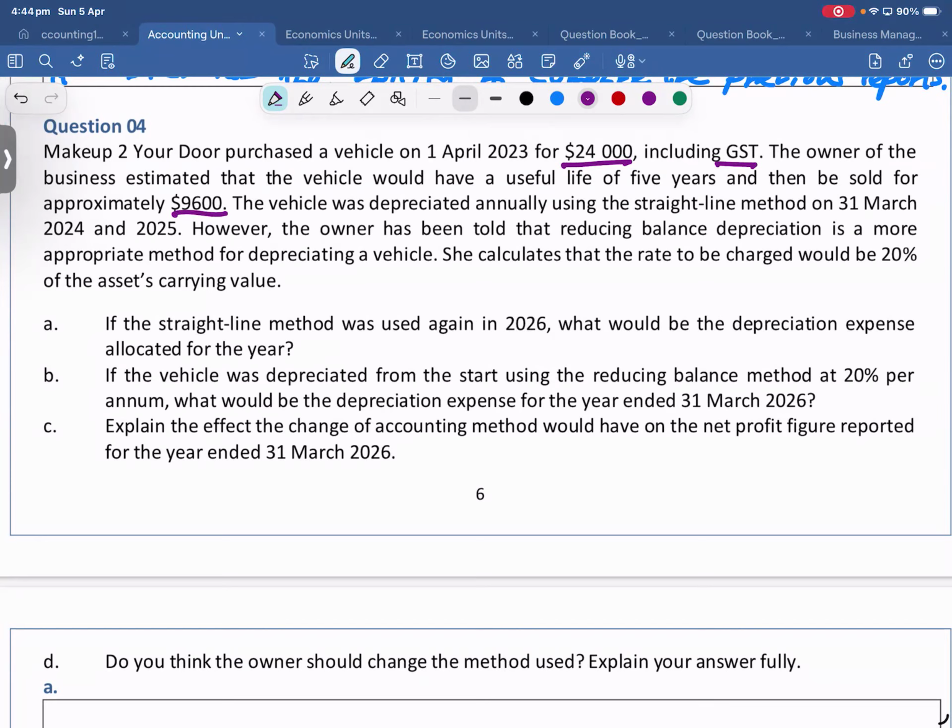It was purchased on 1st of April 23. What is their balance day? Yep, the last day of the period, 31st of March. So if you are going to calculate the depreciation as of 31st March 24, what would be the depreciation?